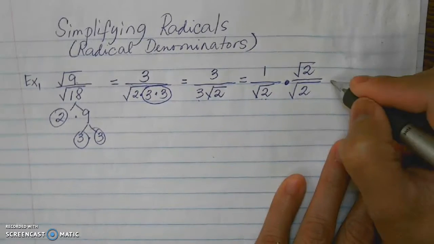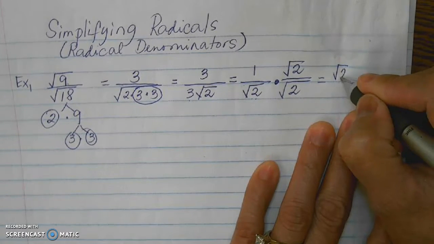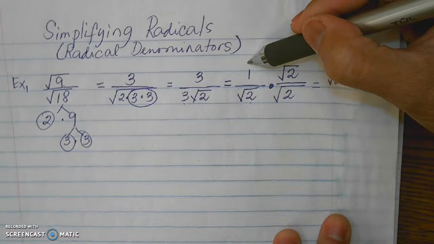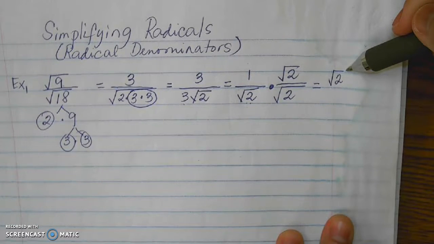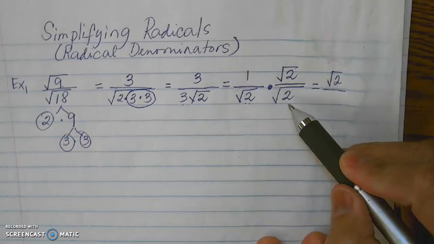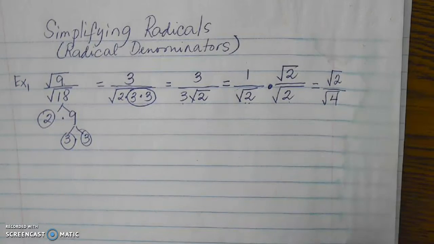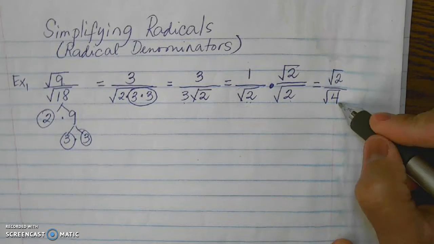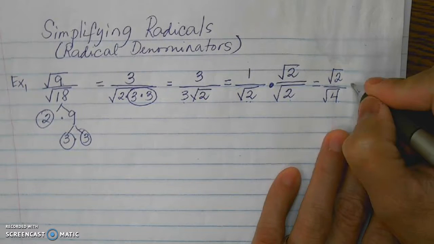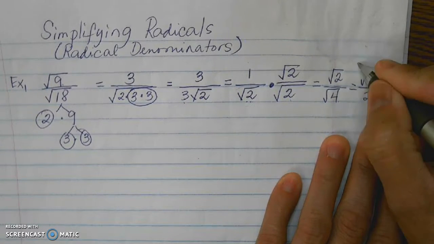Therefore, this will become square root of 2, because square root of 1 times square root of 2 is square root of 2, over square root of 2 times square root of 2 is square root of 4. And square root of 4 is now a perfect square, which is square root of 2 over 2, and that's your final answer.